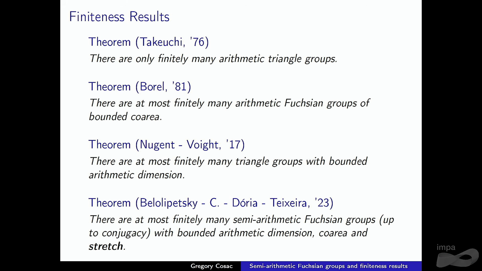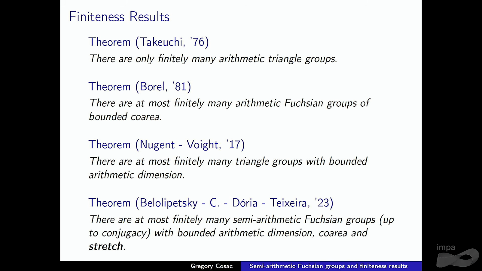So in Borel's result, you allow various signatures, but you're still looking at objects of arithmetic dimension 1. In Nugent and Voight's result, you're bounding the arithmetic dimension, but you're still confining yourself to the class of triangle groups.